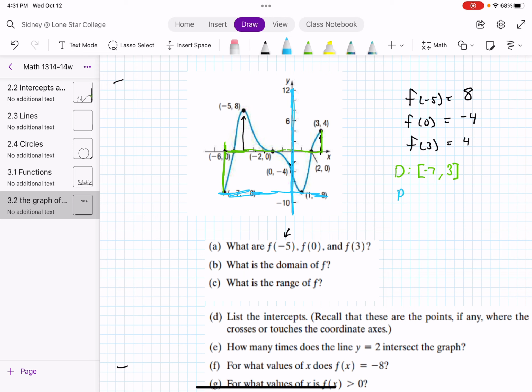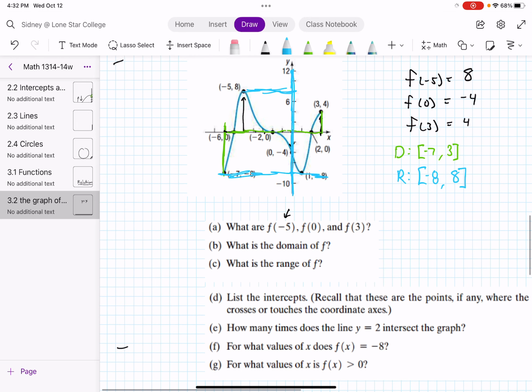So for range, the smallest value I have is -8. And it goes all the way up to here, which is a y value of +8. And so that includes all of the y values. The smallest is -8, and it hits everything in between all the way to 8. Some of them get hit more than once, and that's okay.